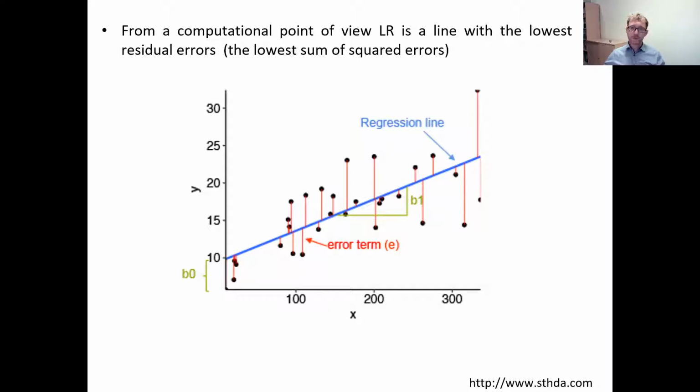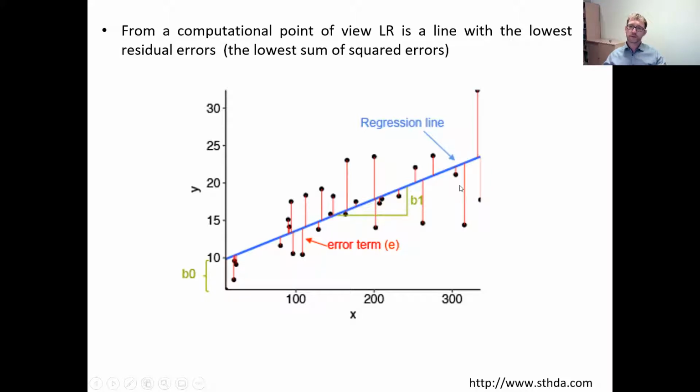The computer draws the first line and then calculates the distances between the data points, those black dots, and the regression line, right? Then it sums up all those distances. Then it draws another line, which might go this way.